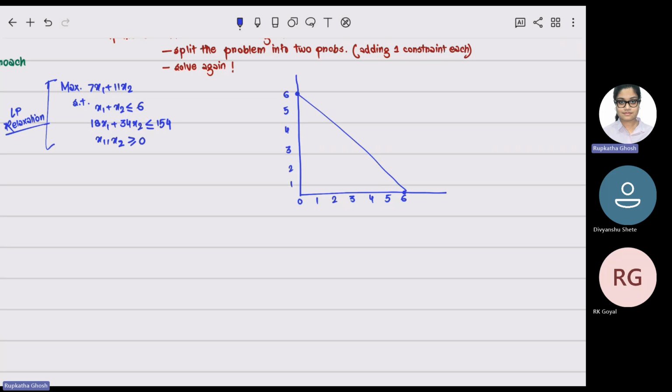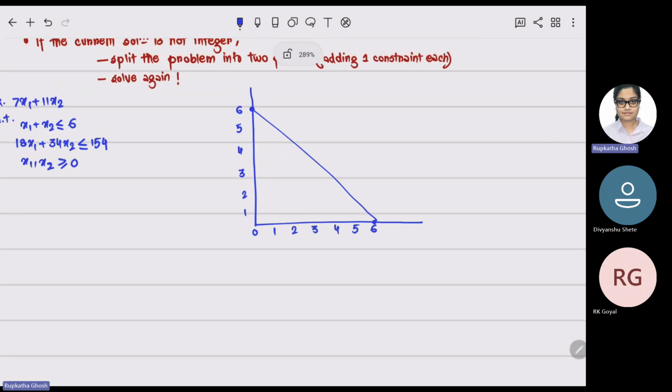Let's calculate. That is 154 divided by 18, somewhere here. And somewhere here you will have 154 divided by 34, which is about 4.5. So you will have this.